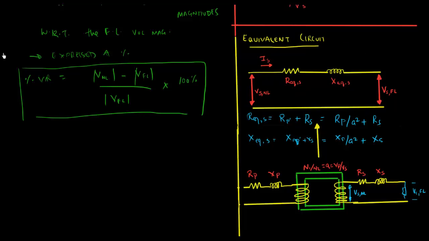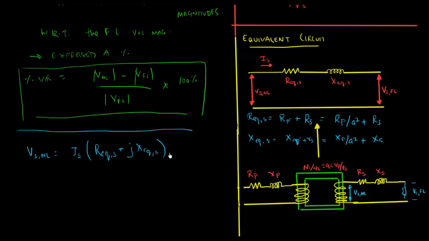If we evaluate this equivalent circuit, we get that the secondary no load voltage is equal to the voltage drop, which is nothing but I secondary times (R equivalent secondary plus jX equivalent secondary), plus the secondary full load voltage.